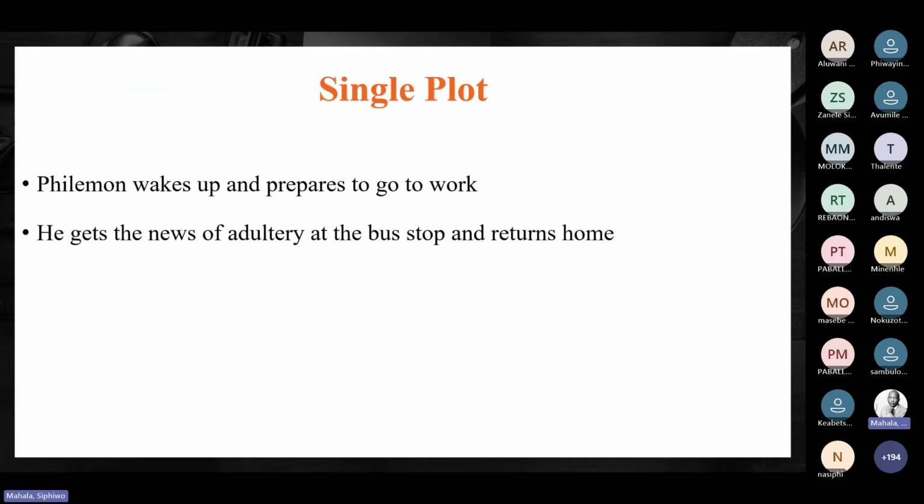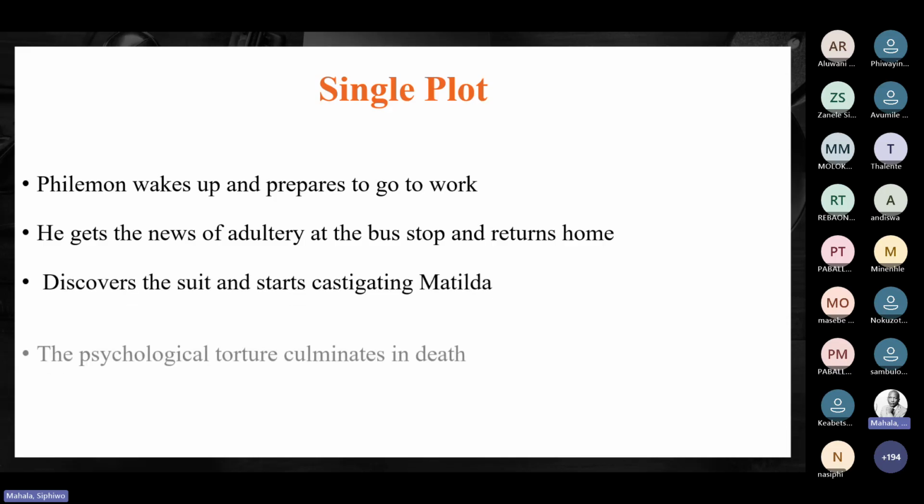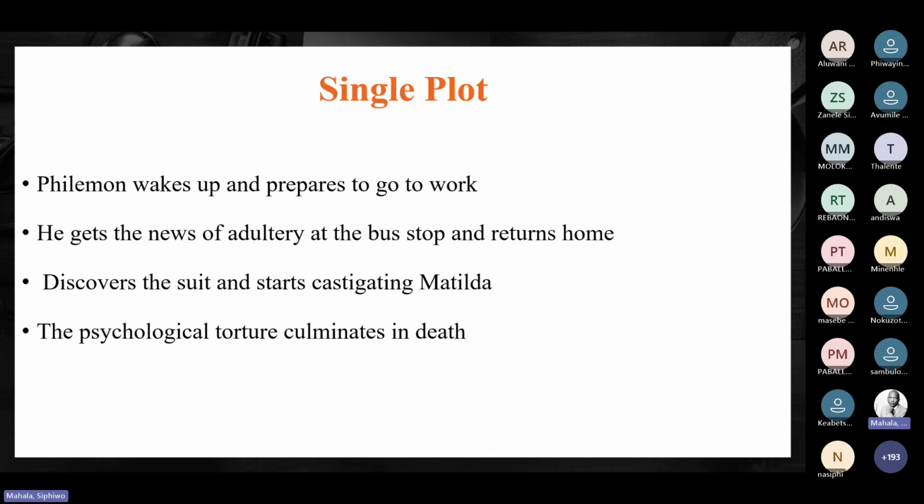So if you were to talk about the plot of The Suit, for instance, these are the key moments. If you were to tell someone what The Suit is all about, you would usually tell us about Philemon waking up and preparing to go to work, and how loving he was to his wife, and getting informed by Mapigela about his wife's adulterous relationship as they meet at the bus stop, and then him coming back home and discovering the suit and using the suit to punish his wife.